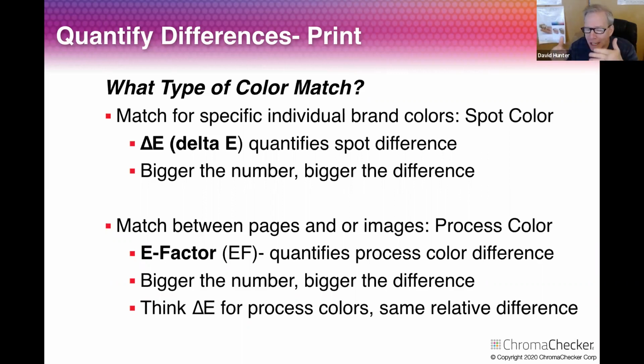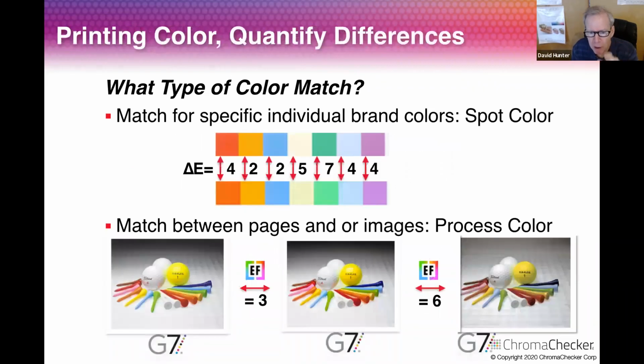And it correlates really well with delta E on individual colors because it is based on delta E. So if we look at my sample here, if you look at the beige color in the middle, there's a 5 delta E difference between the top and the bottom color. You look at the green, it's a bigger difference, and you can see it is a 7 delta E difference. And so in this way, delta E is a great metric to define the difference between 2 colors.